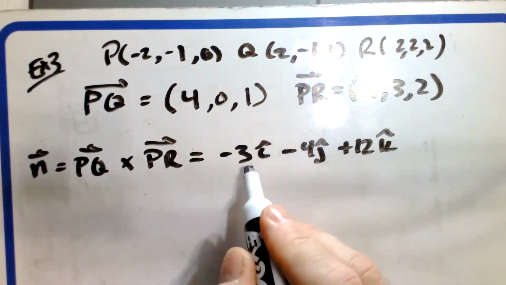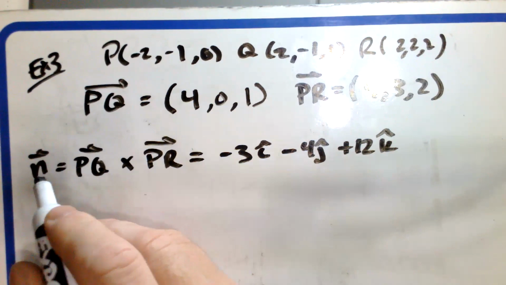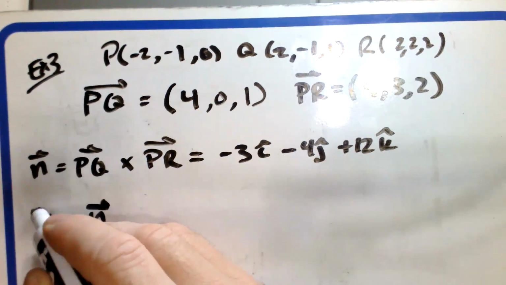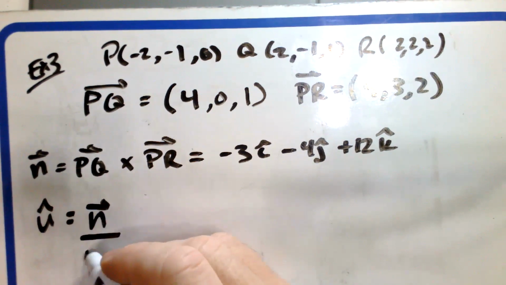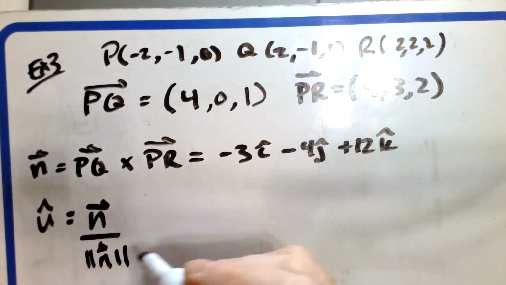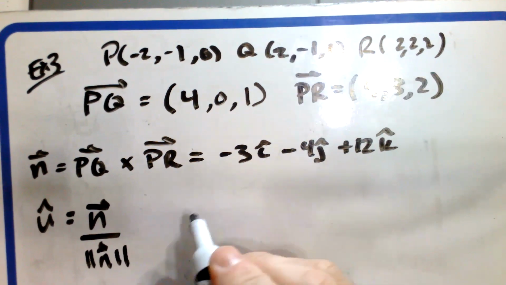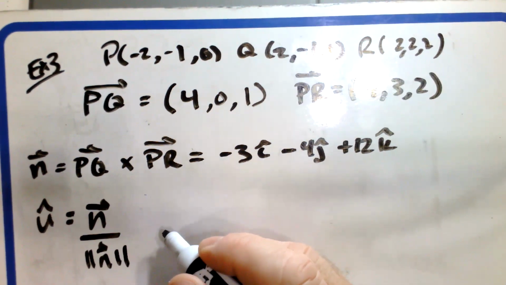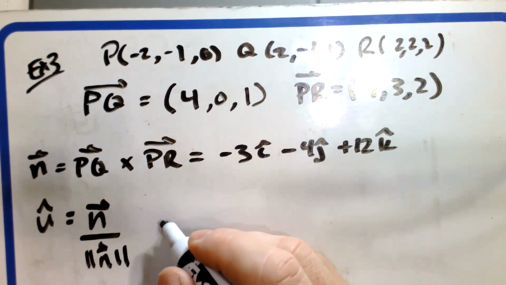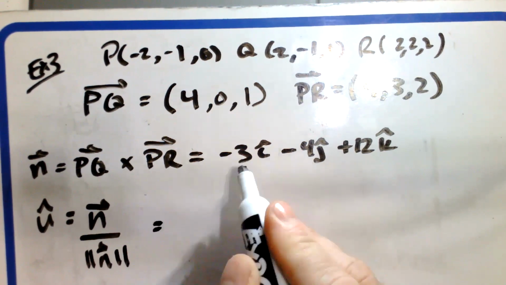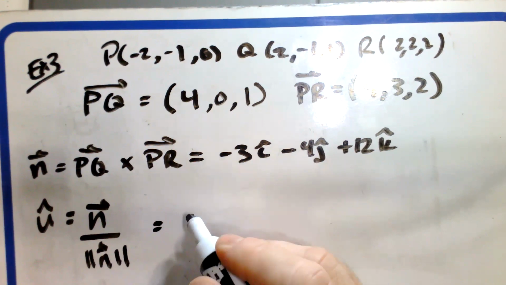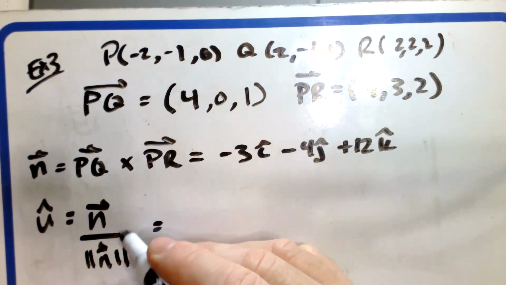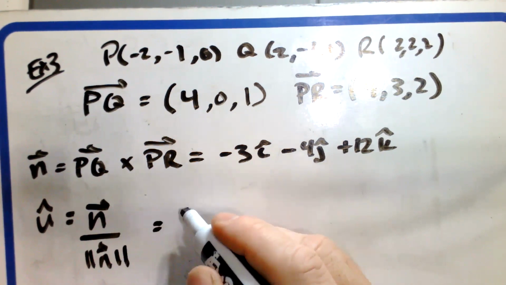which means I need to normalize this vector n. Okay, so my unit vector is going to be n divided by the magnitude of n. And to do that, I can simply take the dot product of n with itself, take the square root, and then divide by that value, and then multiply that by n.